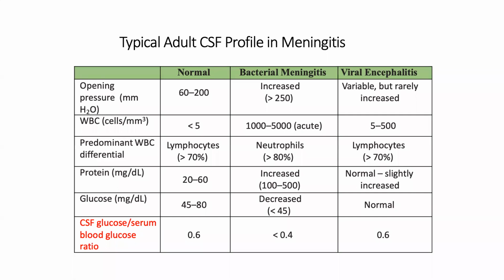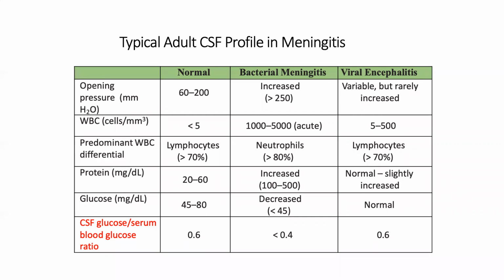So when we see that decrease, we know that the bacteria are utilizing that glucose to cause the meningitis. And then we see a decline, of course, in the glucose CSF to serum blood ratio, because the bacteria causing the meningitis are occupying that glucose. So when you see this low ratio, we know our antennas are up for bacterial meningitis.